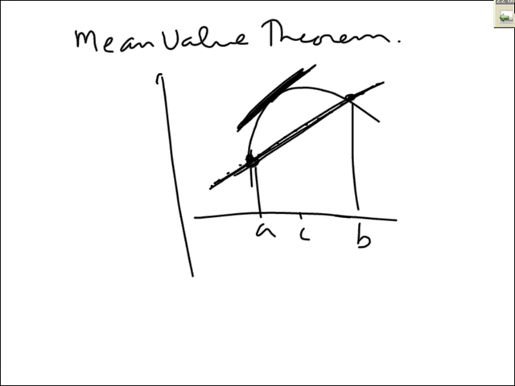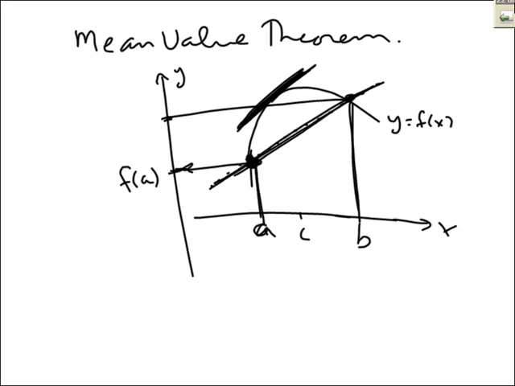Now, what is the slope of this line? Well, let's give it a y-axis, and the name of the function is f of x. If this is A, here's a point on the graph, that's f of A. And here's B, there's the point on the graph, this here is f of B. I'm getting this right triangle right here, and I want to know the slope of the line that goes between those 2 points.